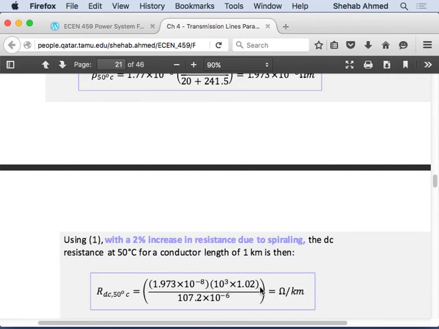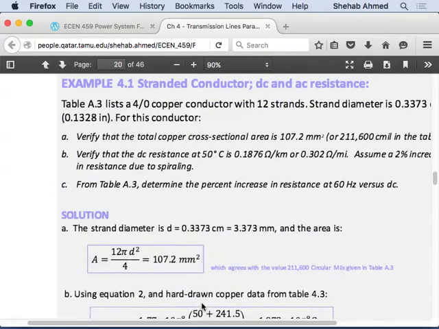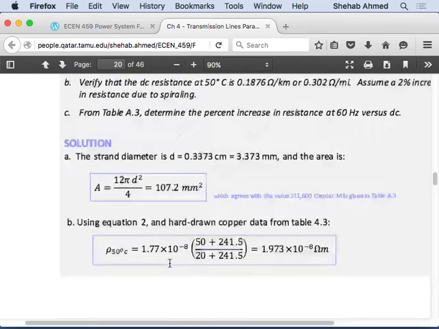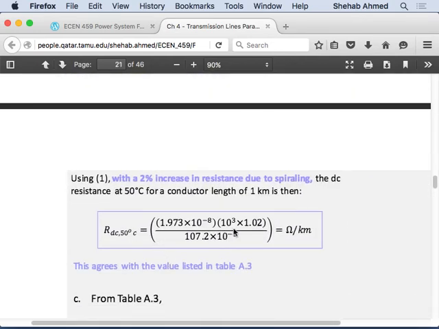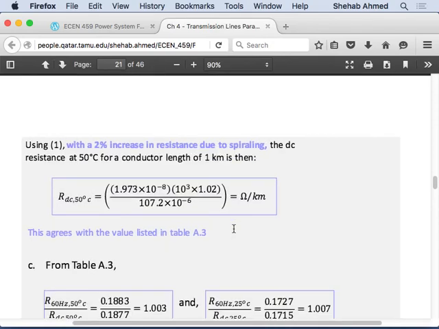And then they added a 2% increase because it's a spiraled conductor with a steel core. And this was the cross-sectional area that you verified here, right? So just a rho L over A calculation. Any questions on this? It's just direct substitution or picking up from the tables.